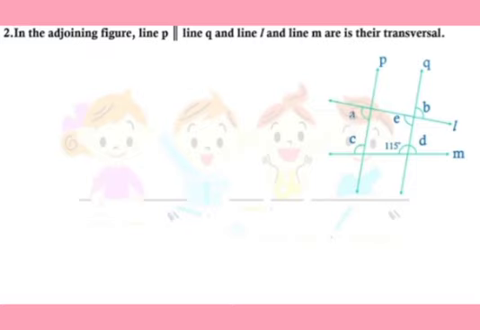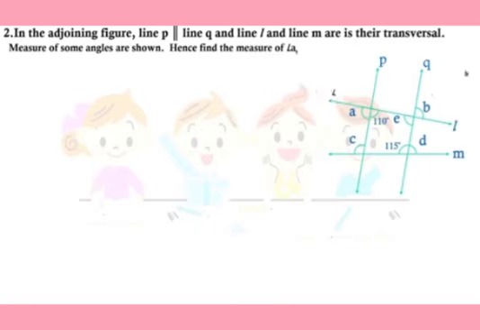Angle C, angle A, and here after A 110 degree is given. Now students, we are going to find the measure of some angles shown. Hence find the measure of angle A, angle B, angle C and angle D. These measures of angles we are going to find. This figure is given in your textbook.